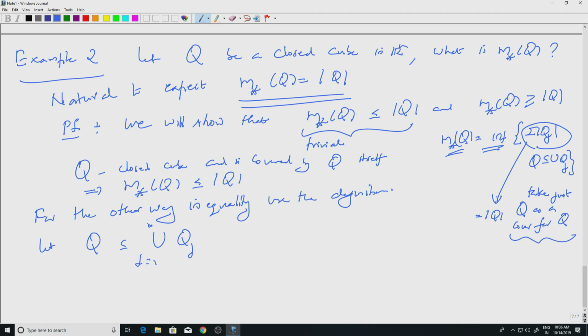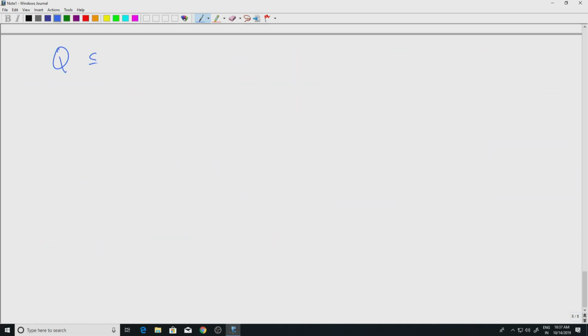So, we are taking one cover for Q using closed cubes. Fix epsilon positive.